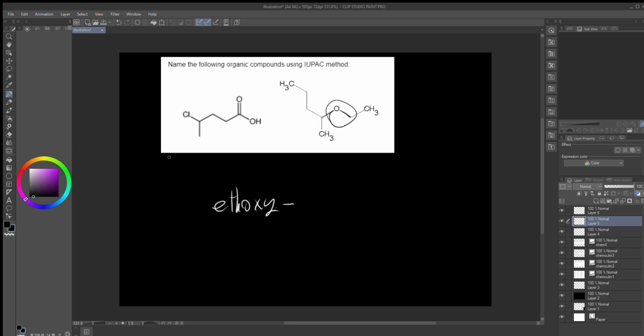And then we'll start off counting from here. So 1, 2, 3, 4, and then we have a methyl functional group. So we will have F-oxy dash 1 dash methyl, my bad.